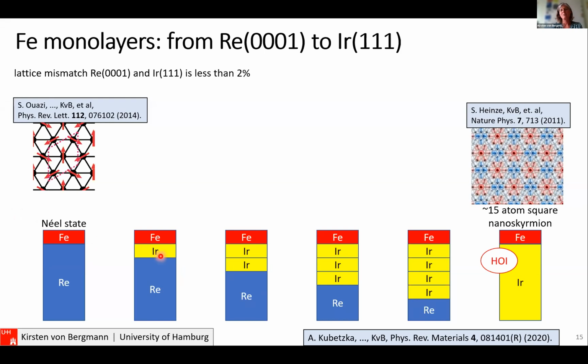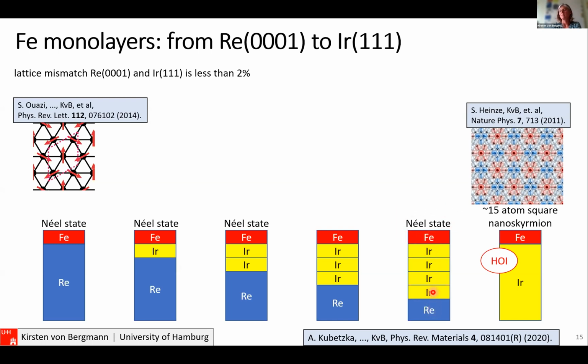So we slip more and more iridium layers in between the iron and the rhenium. So these are the states we studied experimentally. We found that this still has the Néel state, this one also, and also if we put 4 layers of iridium under the iron monolayer, it still has the Néel state.